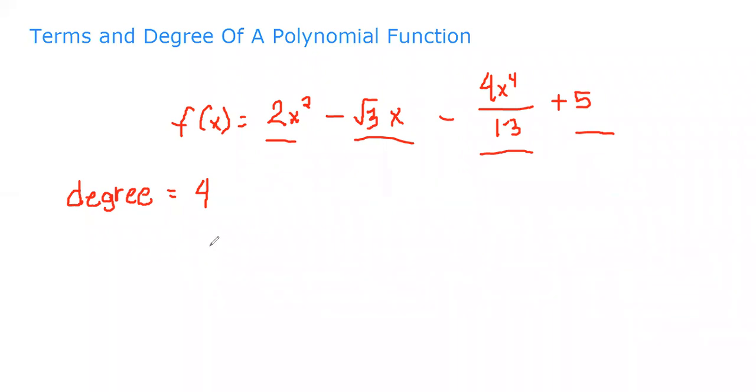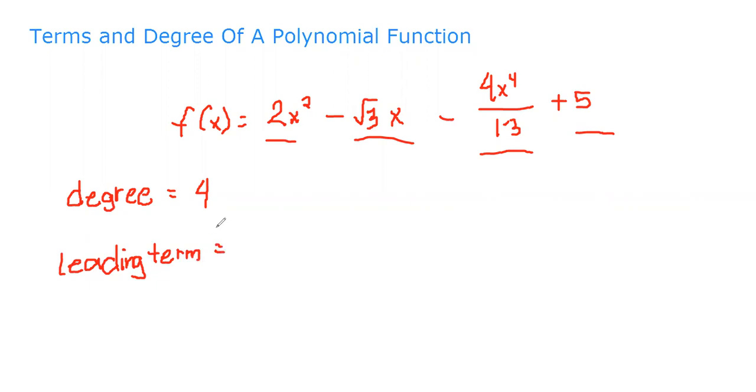So, the leading term. Paano natin malalaman the leading term? Iba pa yung leading coefficient sa leading term. So, meron tayong tinatawag dito ng leading term. Malalaman natin si leading term depende kung sino yung may highest exponent. Okay?